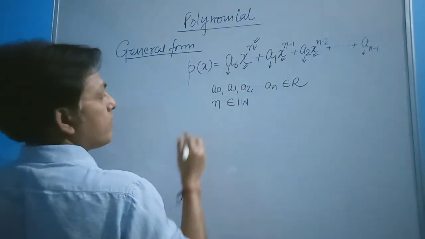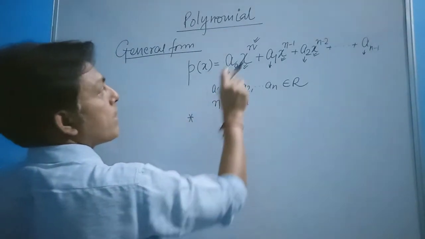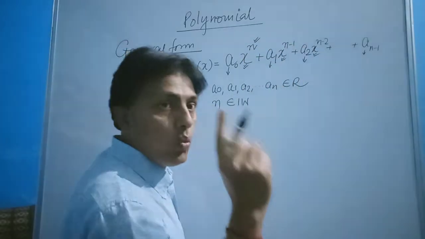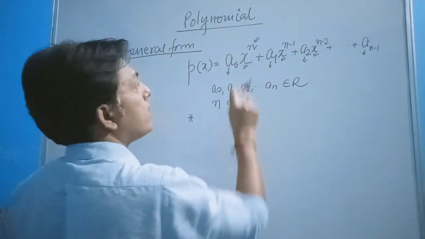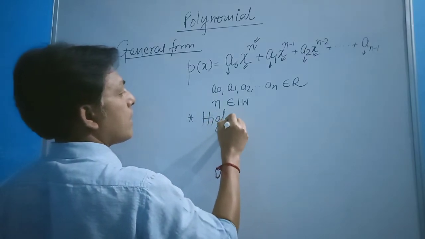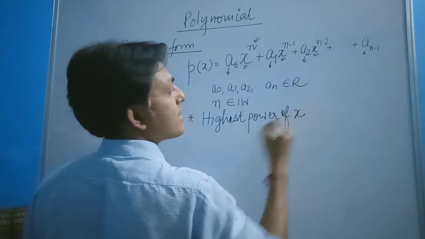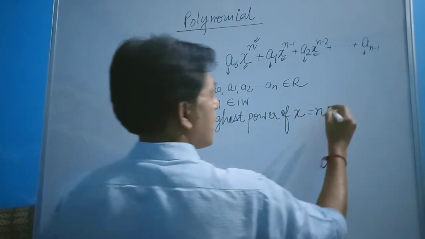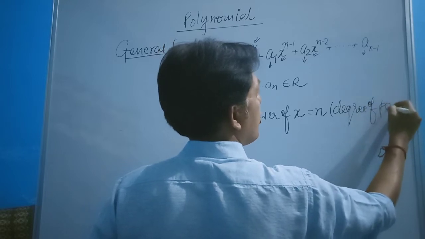Power of x. First term related to polynomial. Power is n. This is n minus 1 means 1 less. N minus 2 means 2 less. It means the highest power of x is n, and this is called the degree of the polynomial.